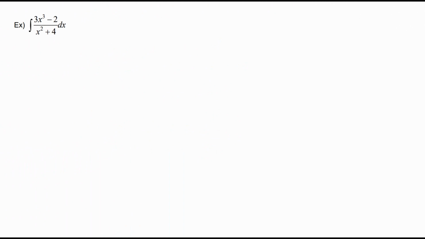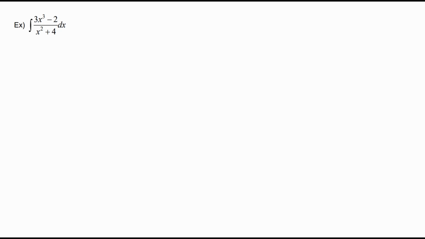All right, next question. Let's do this one without even having the formula this time. I've got the integral of the quantity 3x cubed minus 2 over the quantity x squared plus 4 dx. Wow, we have not seen something like this before either, huh?